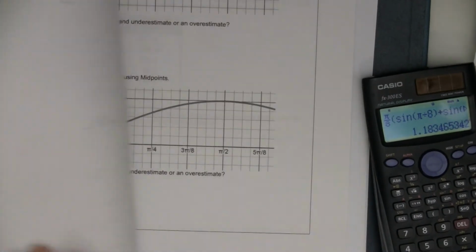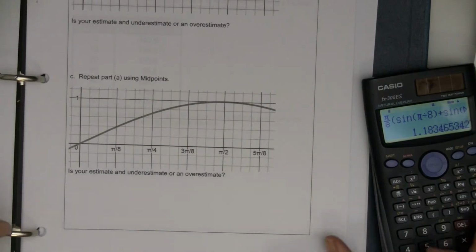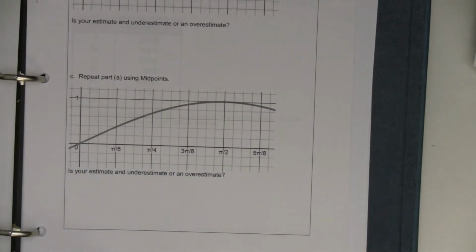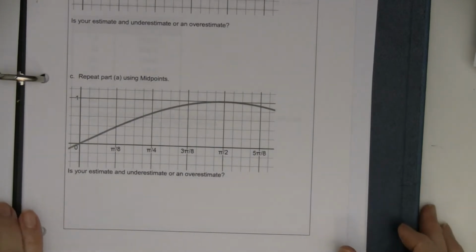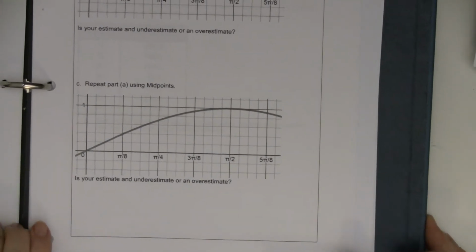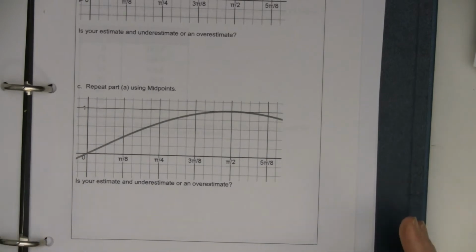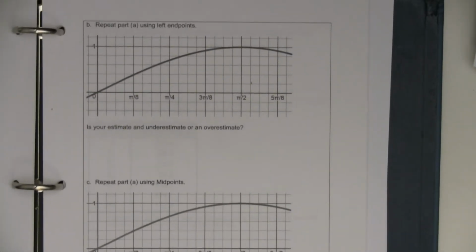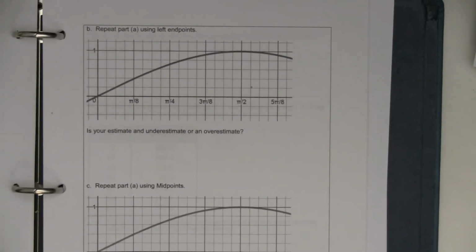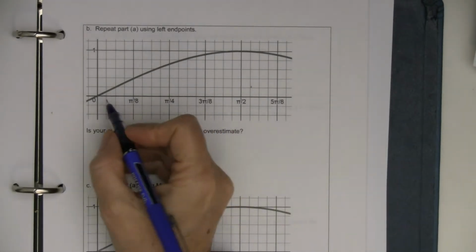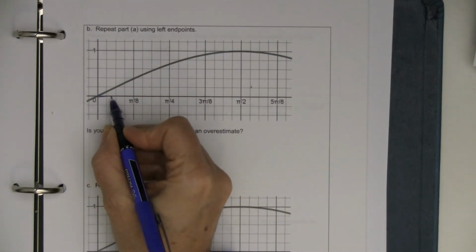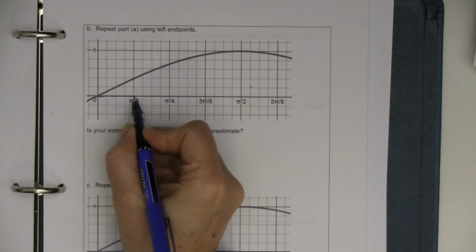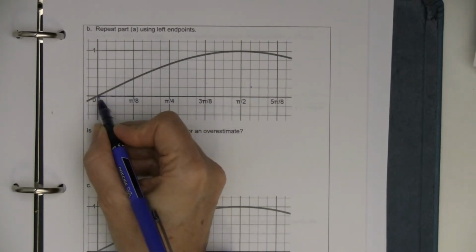And so now they're going to ask us to try that again. This is part B, and they're asking us to use the left endpoint. The same deal as far as 4 rectangles, and still going from 0 to pi over 2. Here's the base of our rectangle right there, and the height is at 0.